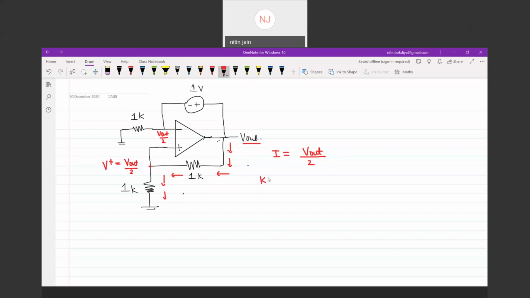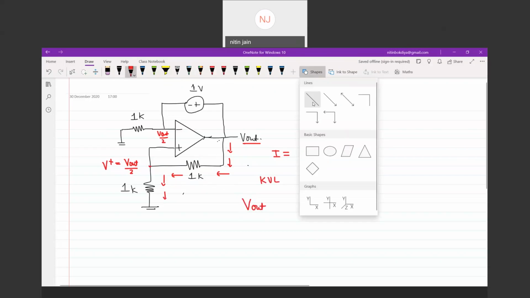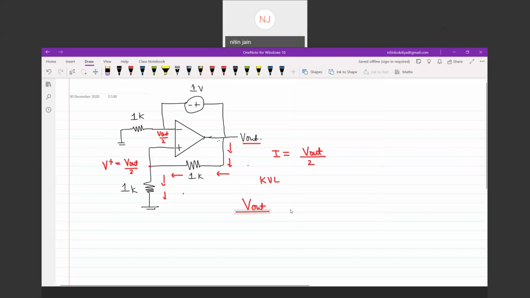The KVL for this circuit is given by V out by 2 plus 1 equal to V out. V out is equivalent to 2 volt.